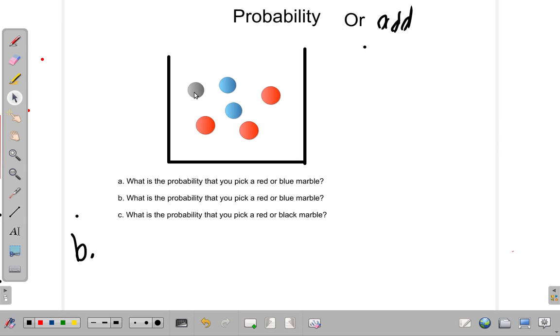Let me put it inside. All right. Now that changes the situation a bit. What's the probability now that you pick a red or a blue marble? Can you pause the video and do that for me? Do that now. Pause.